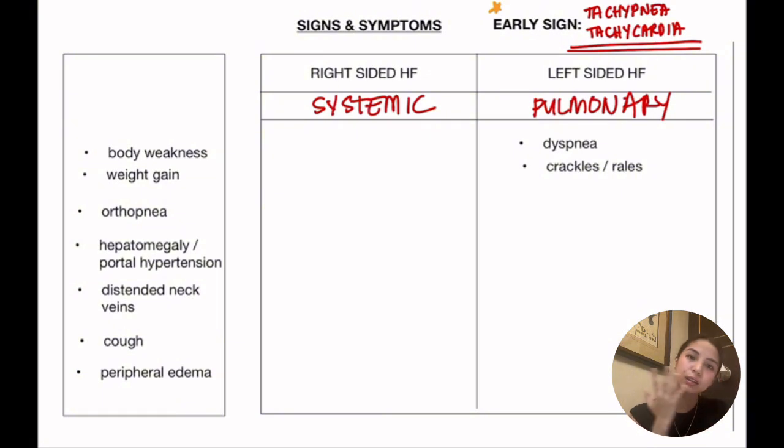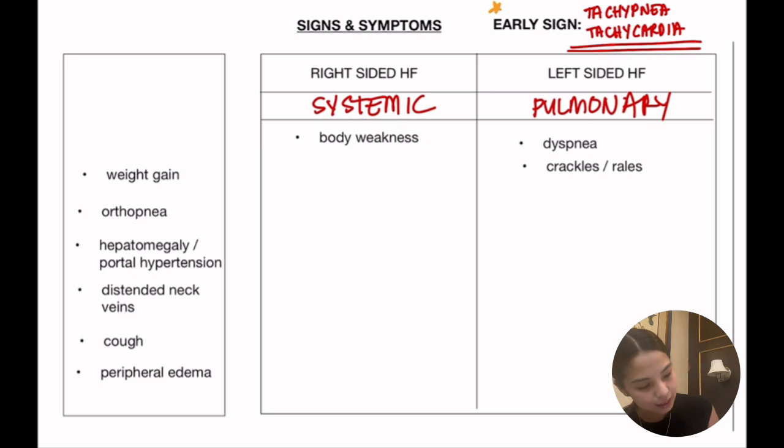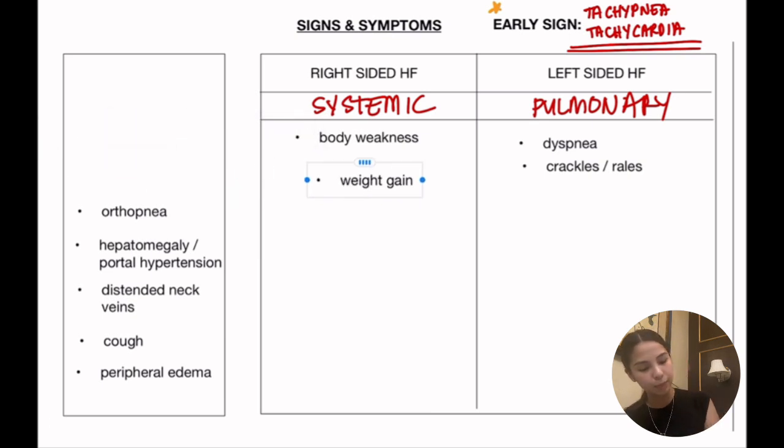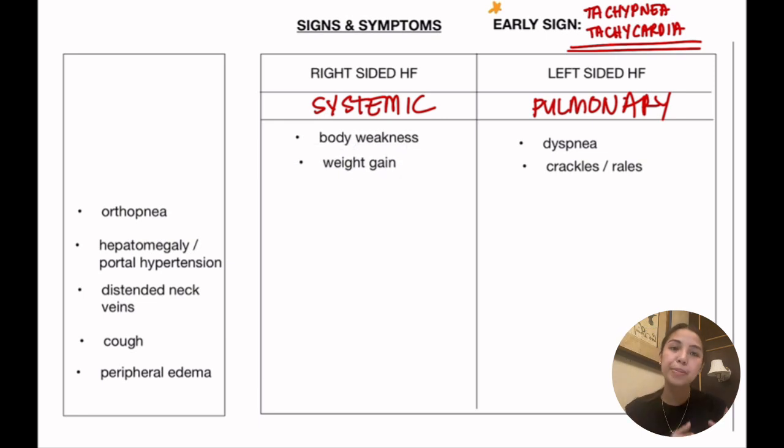Is that pulmonary or systemic? Body weakness, from the word itself, of course, it is systemic, right? Weight gain. Is that pulmonary or systemic? Is it a problem in your lungs when you gain weight? Of course not. It is systemic. It's a problem in your body. Next, orthopnea. Pnea. Breathing. Okay, still difficulty breathing. We'll put it in pulmonary.